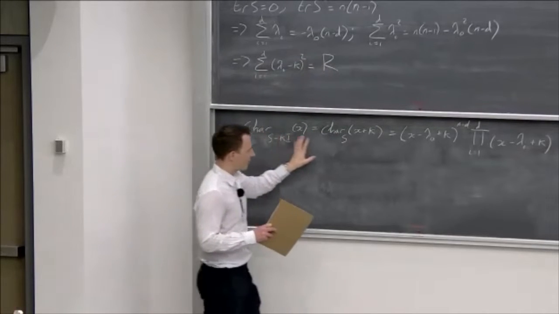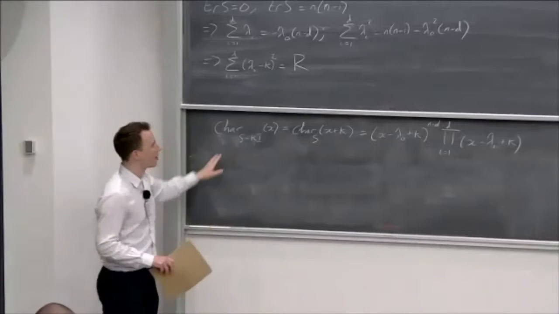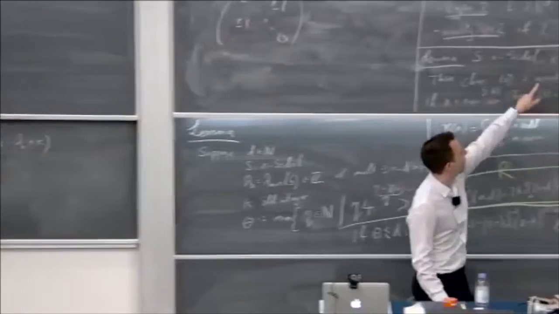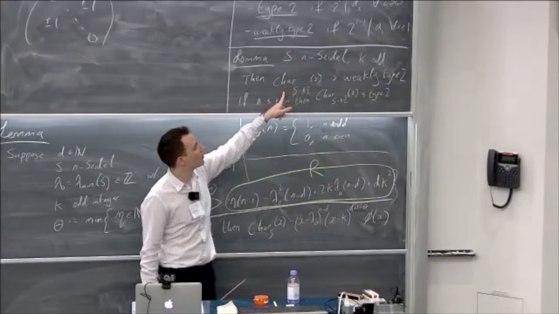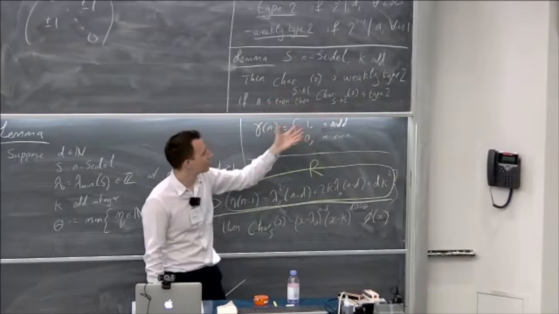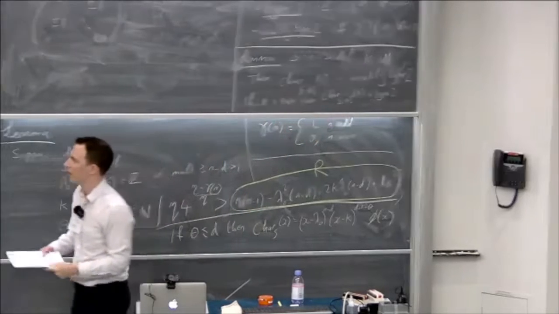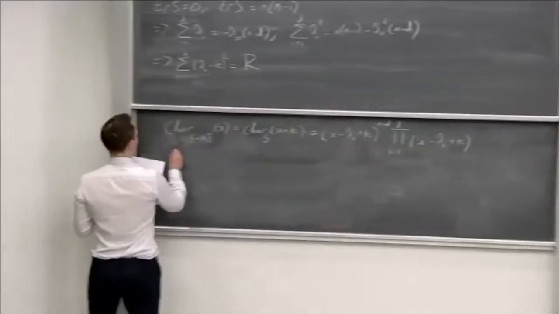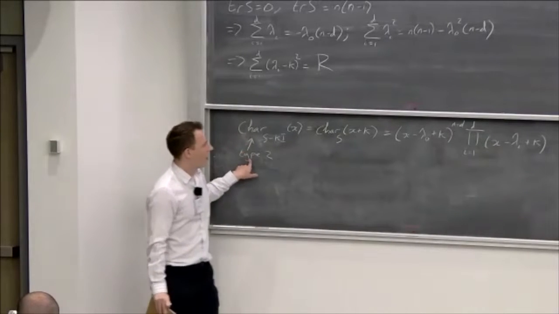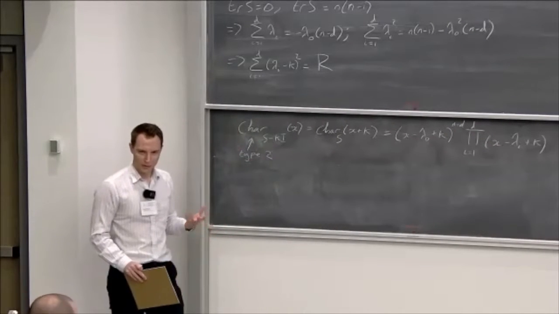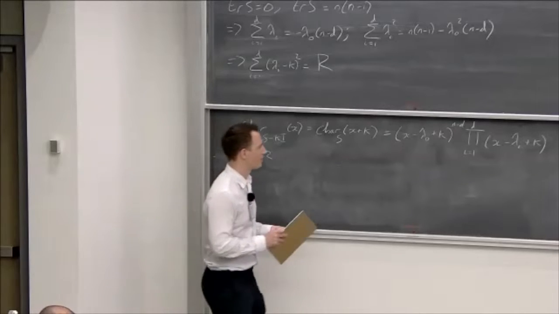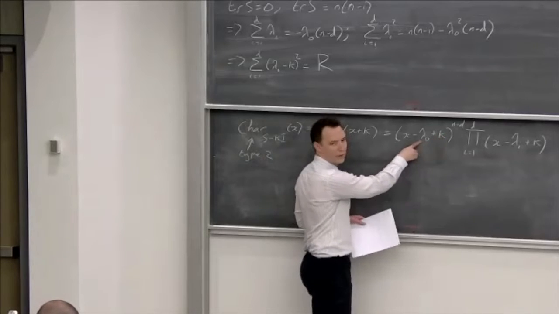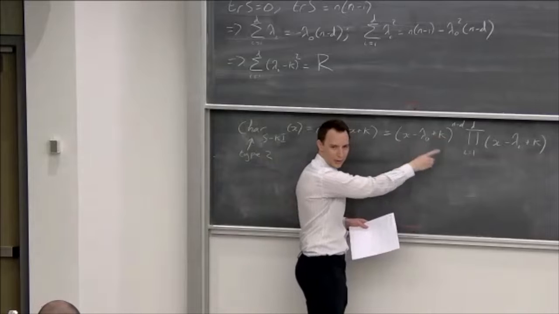We have this expression, and the first thing we can do is remember the lemma from last time. From last time, we know that if k is odd, then this characteristic polynomial should be weakly type 2, and type 2 if n is even. For this proof, I'm assuming n is even. So the lemma tells us this is type 2. Now we use the factorization property for type 2 polynomials. Because k is odd and λ0 is odd, this factor is also type 2.